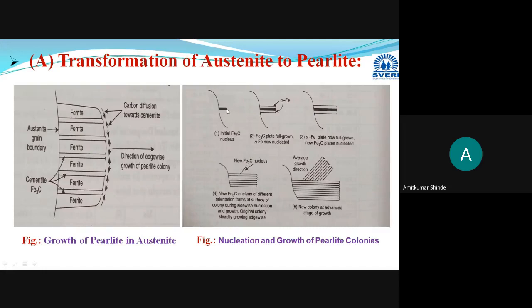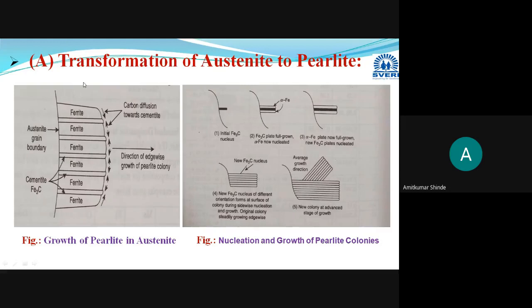This is the cementite nucleus, Fe3C nucleus, and it grows edgewise, in this direction, horizontally. It will grow horizontally with the diffusion of the carbon.